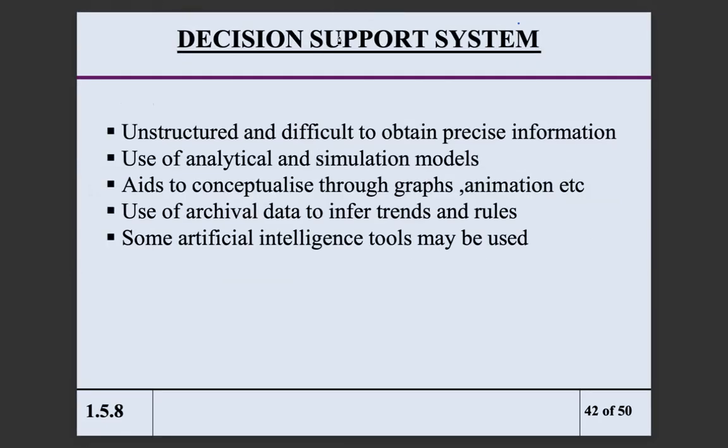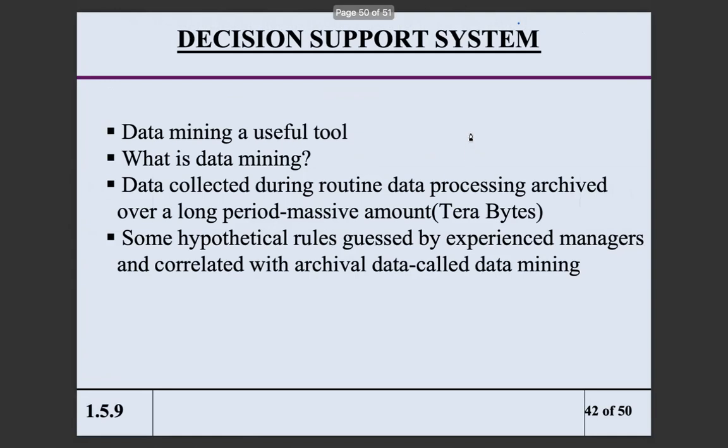And for decision support systems, here we have unstructured and difficult-to-obtain precise information, use of analytical and simulation models, aids to conceptualize through graphs, animations, etc., and use of archival data to find trends and rules. And at last, in decision support systems we might have some artificial intelligence tools used as well.